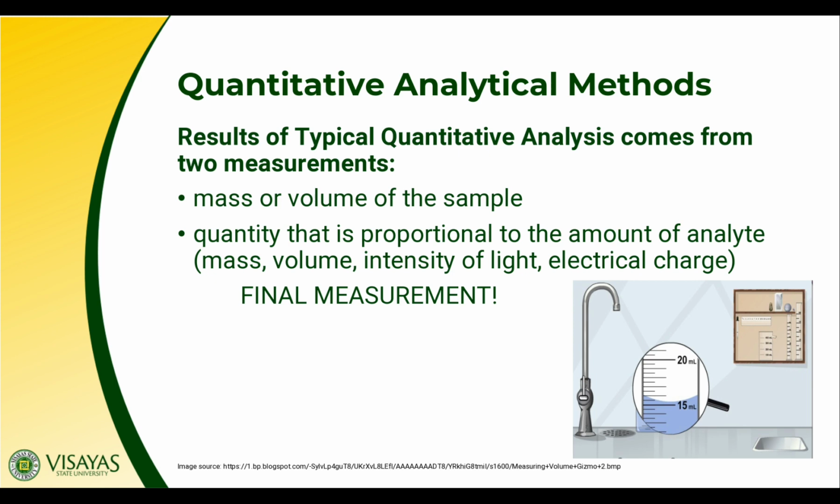One would be the mass or the volume of the sample. The other would be a quantity that is proportional to the amount of analyte, be it a mass, volume, intensity of light, or electrical charge present in the sample, which is proportional to the chemical species that you are referring to. And this should be the final measurement.